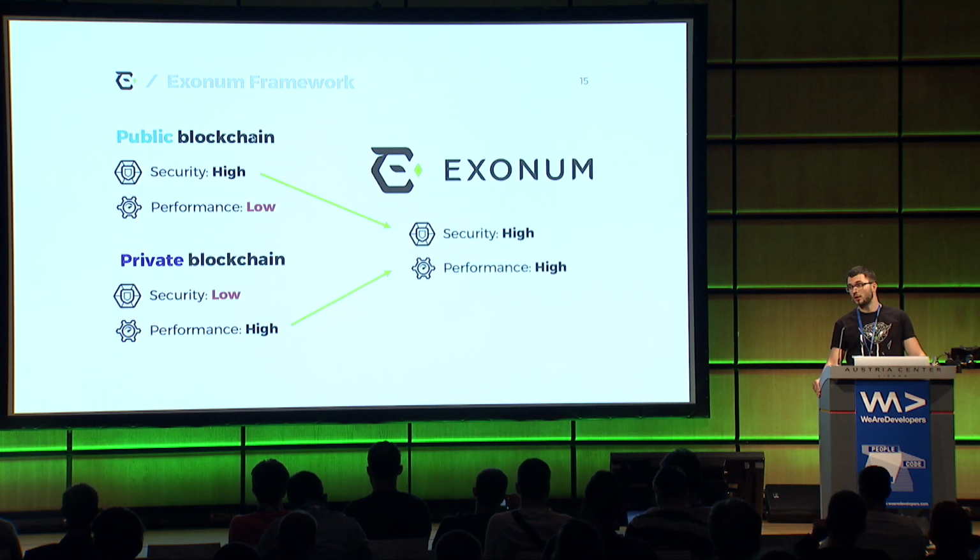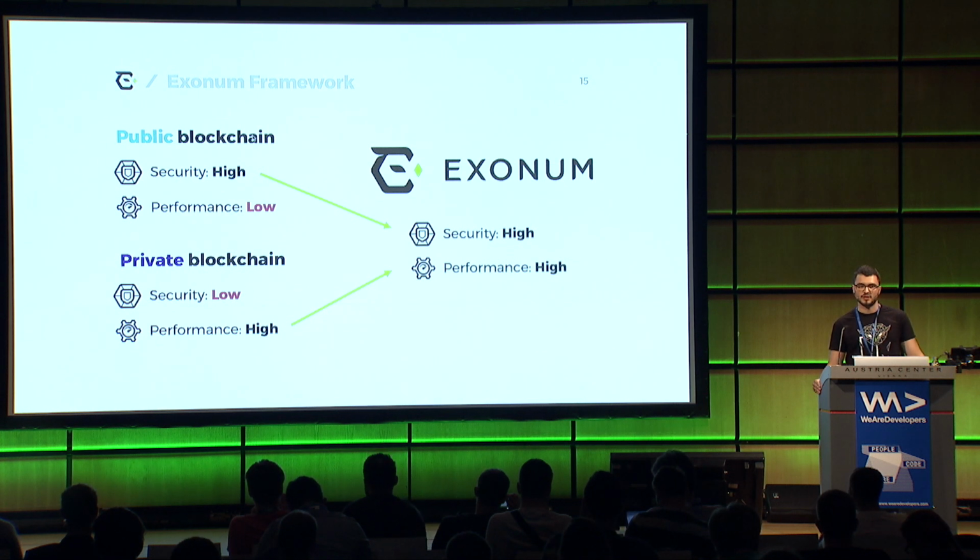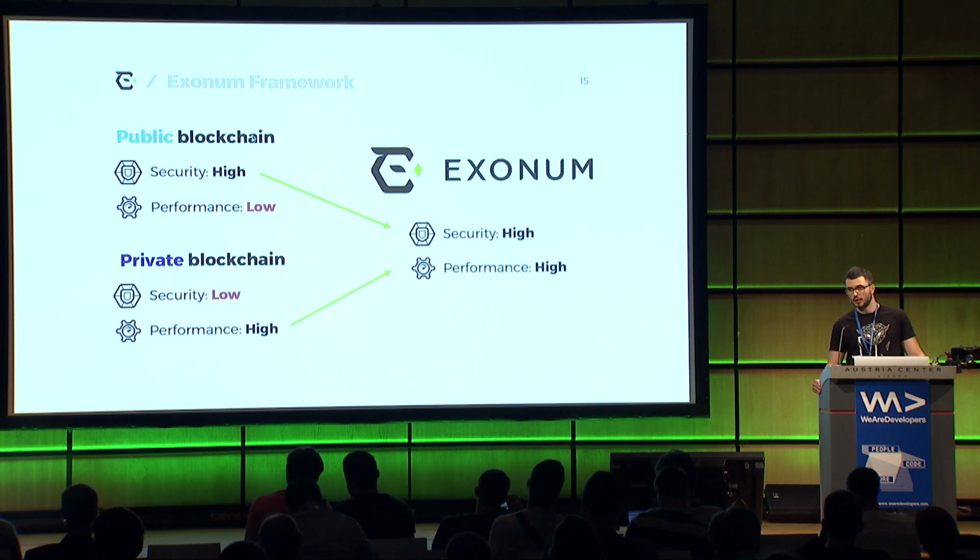Okay, so as for the comparison of public and private blockchains, now we see that Exonum has advantages of public and private ones. So we have security because of privacy and because this blockchain system is based on BFT consensus, which is speedy, and we don't need thousands of participants.